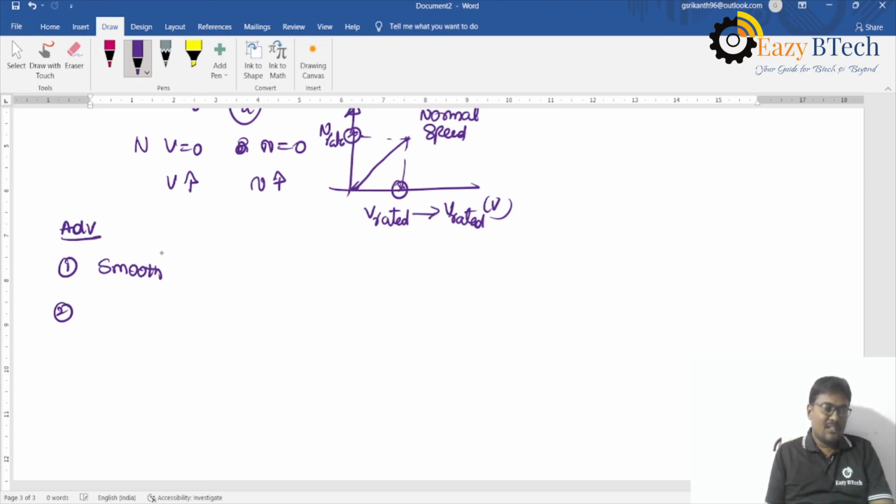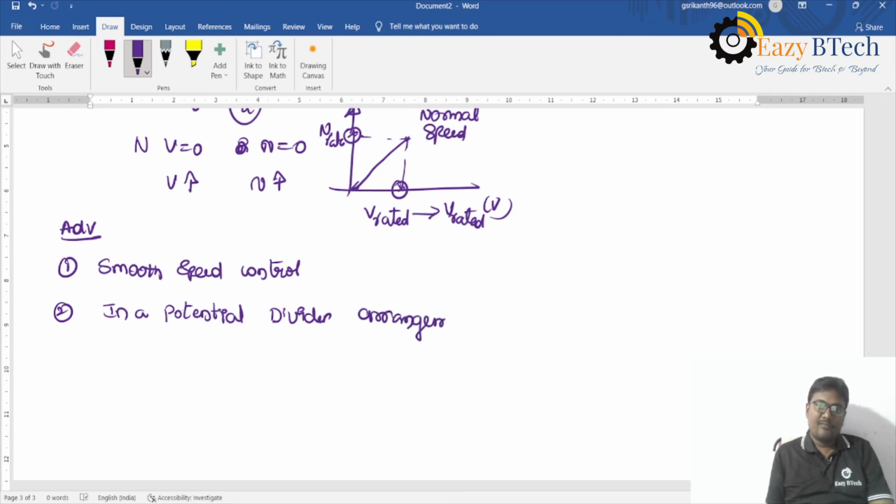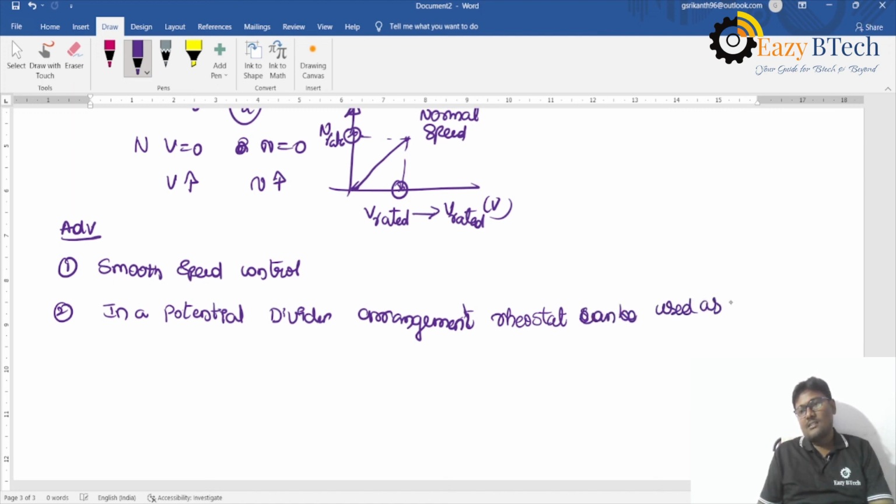In a potential divider arrangement, this is smooth speed control, and the rheostat can be used as a starter.